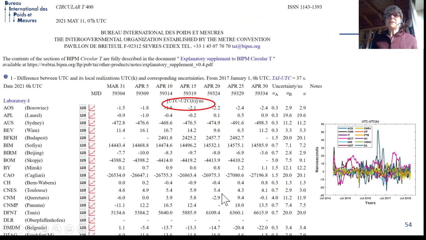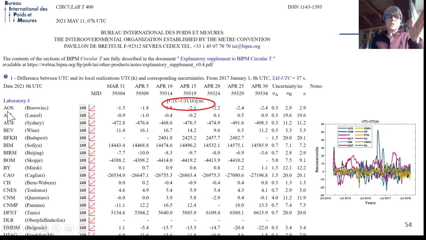So our main results, which come out every month, you see the Circular T, for example, which was published in May 2021, contained the data of April. We have one point every 5 days, and this is UTC minus UTC(k), where we have here 80 laboratories.